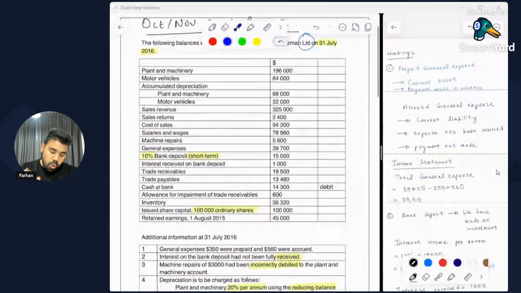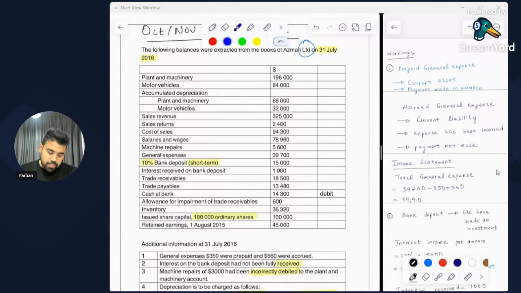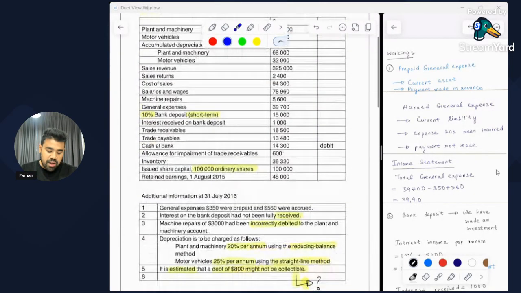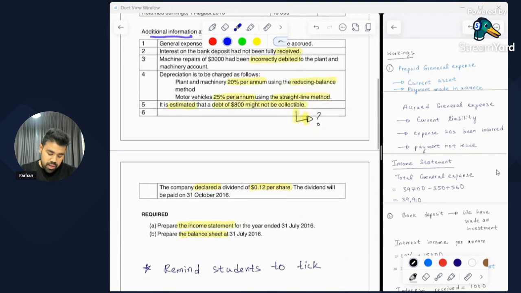We are given all the information that we need within this table, and underneath this table you can see that we're provided with additional information for adjusting purposes at the end of the financial year, which is 31 July 2016. So the requirement in part A is to prepare the income statement for the year ended 31 July 2016, and then we will prepare the balance sheet at 31 July 2016.